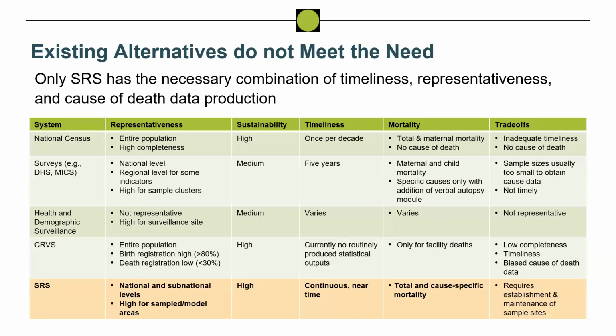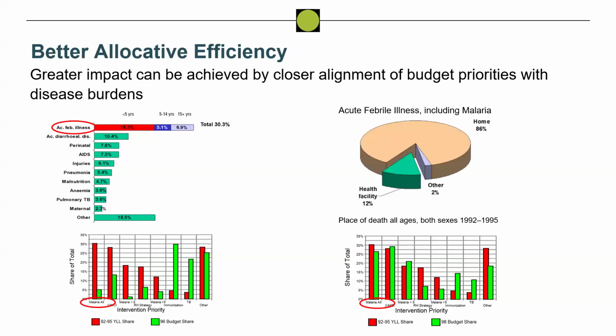Another example has to do with the fact that even in many other countries, as we are seeing more NCDs coming up, we also realized from the Mozambique case that NCDs were also contributing to a large proportion of the deaths that are happening.